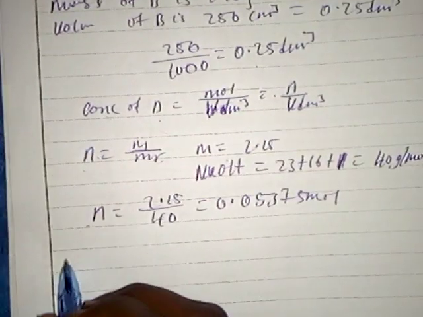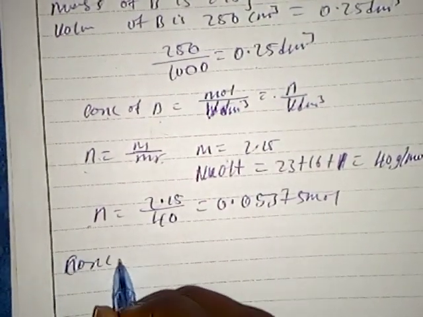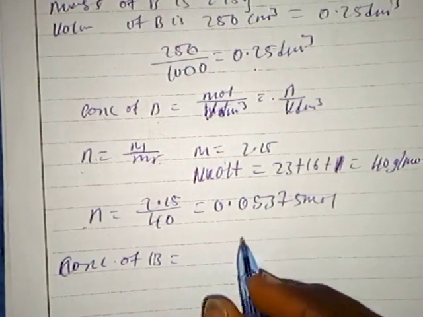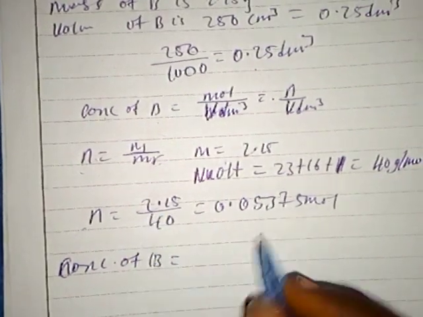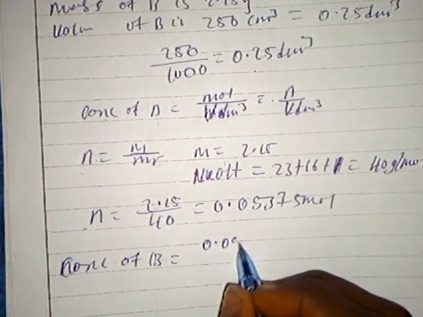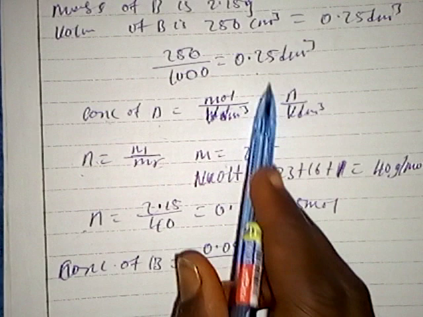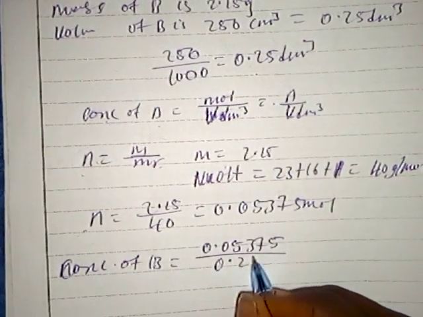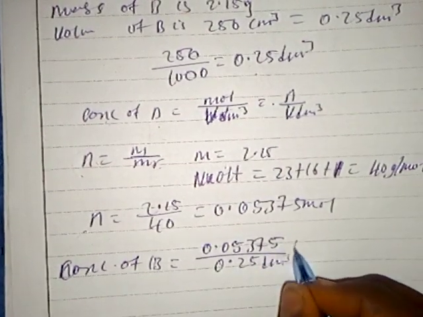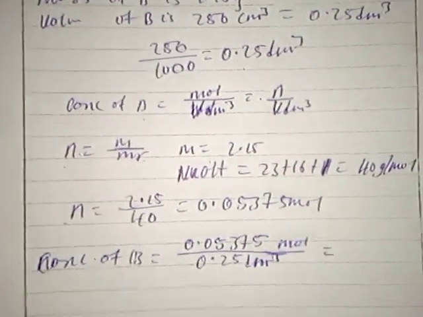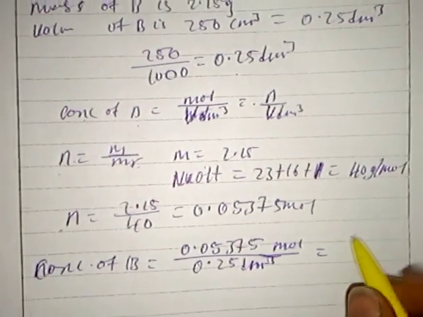Now we use the formula. Concentration of B is now equal to mole first, which is 0.05375, divided by the volume, 0.25 dm cube. Now if you use your calculator and divide, you are going to have what?